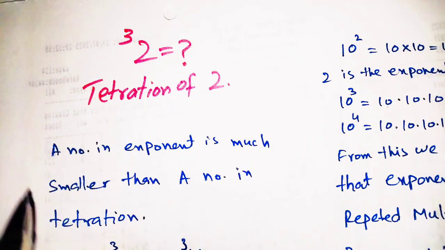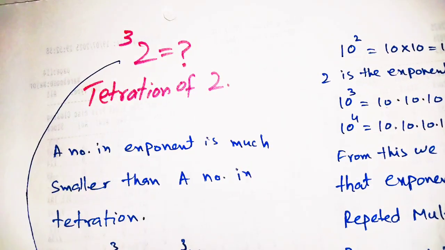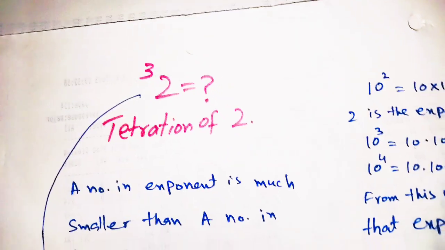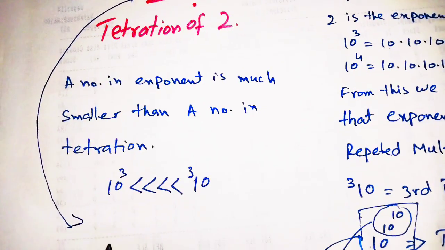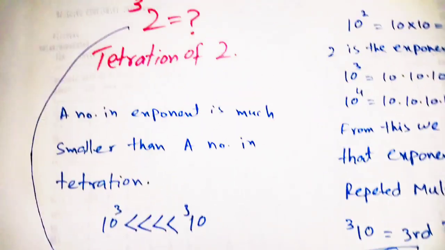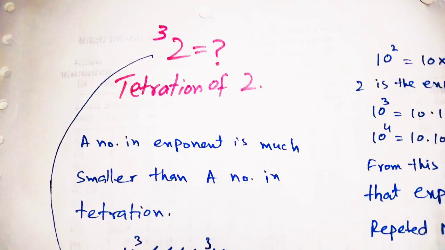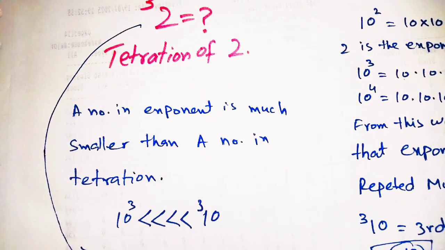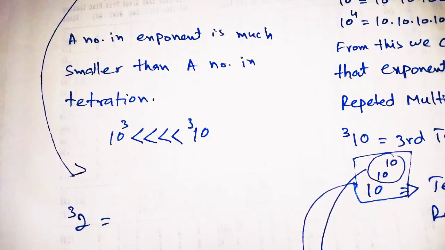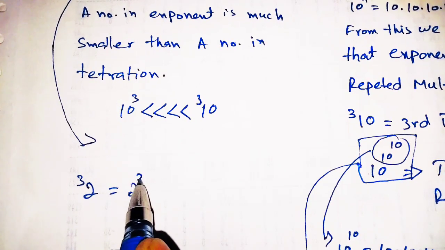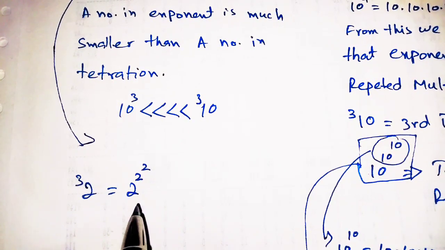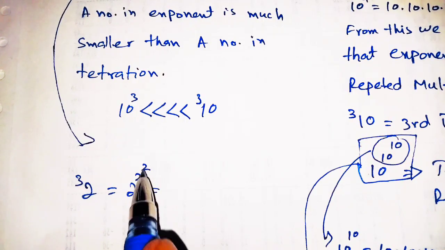Now we will solve the given number, which is the third tetration of 2, and according to these explanations we can write it as 2 power 2 power 2. Now 2 raised to power 2 is equal to 4.